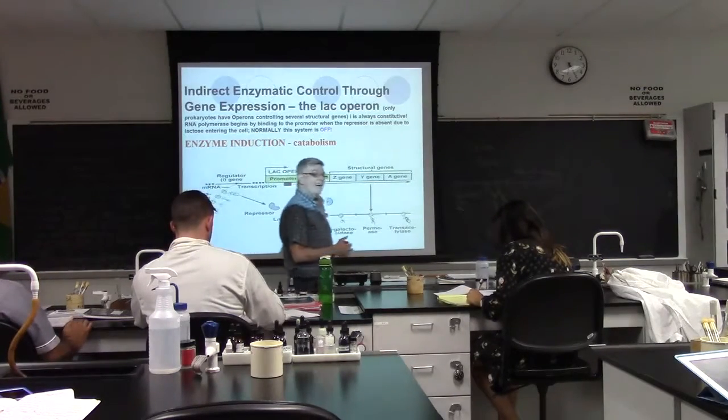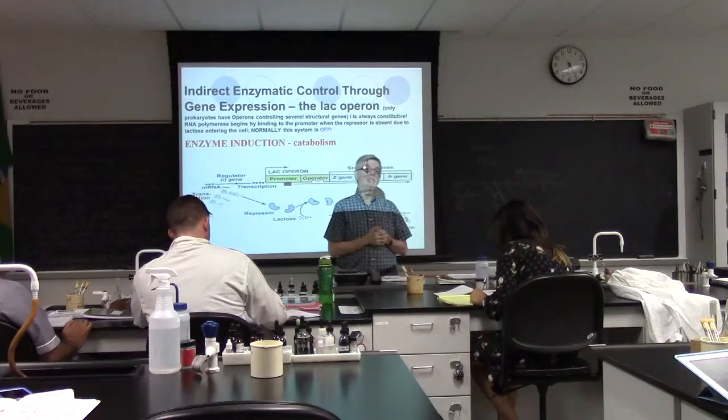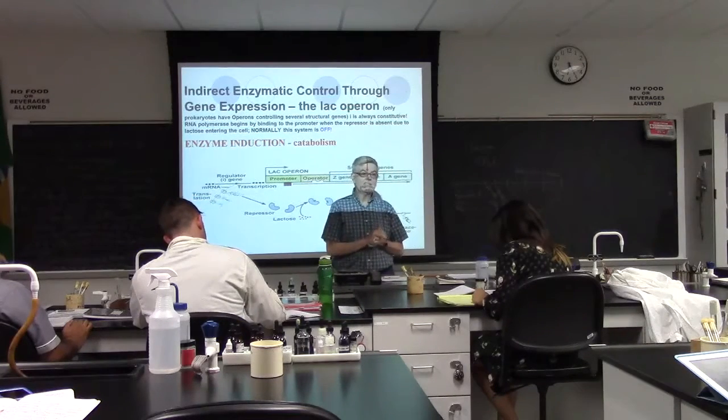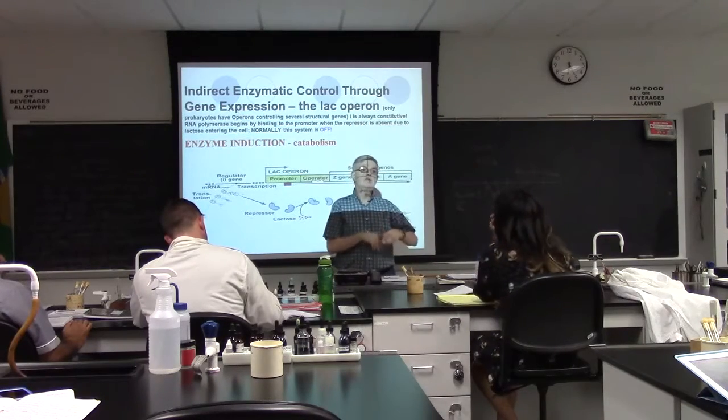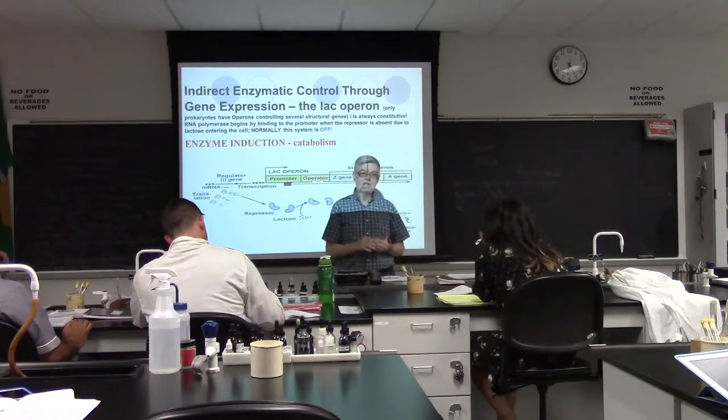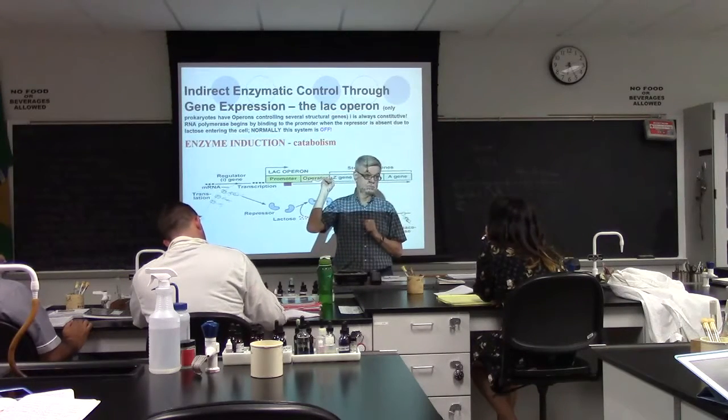But it has basically an emergency channel. If it runs out of food and lactose is available, it can induce the production of the 3 genes that digest lactose through this inducible operon. It's on their DNA, but it's not normally read, because every day, remember, this is turned off.